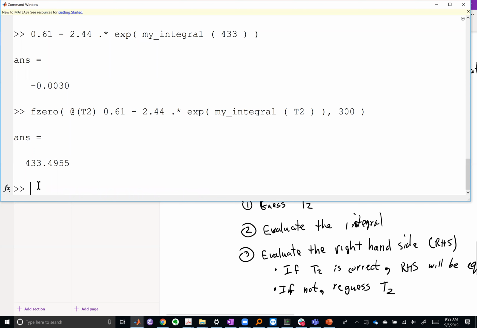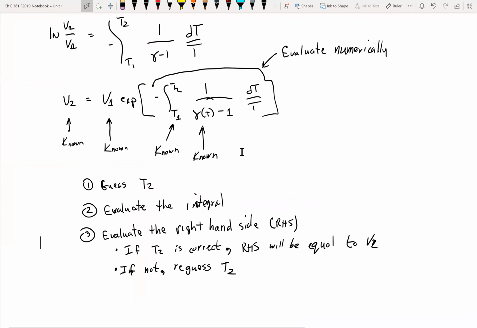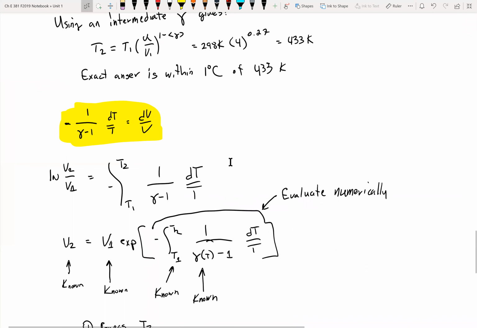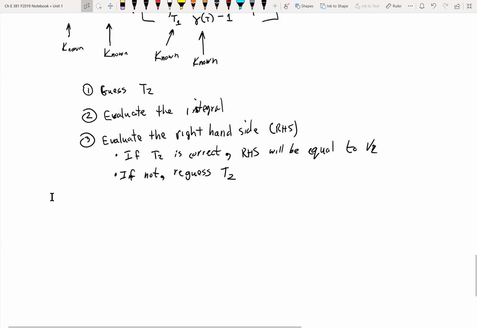All right, so the exact answer here is about 433.5 Kelvin, which is well within the 1 degree C that I promised there. Okay, so it's really not that bad to include the temperature dependence of the heat capacity if you're using numerical tools.